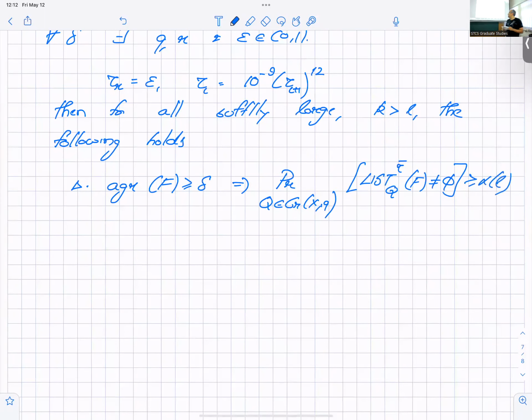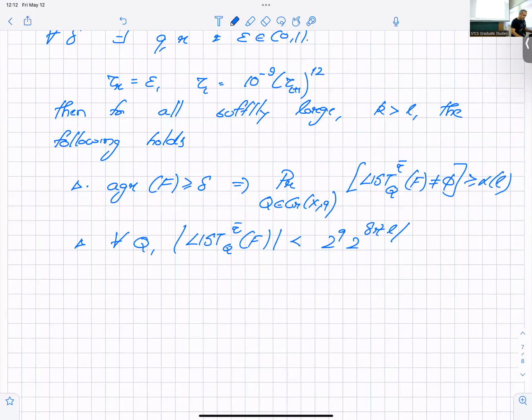This basically says that for at least an alpha fraction of the Q's, there is a W such that this happens, so the corresponding list will be non-empty. But furthermore, I need that for all Q, the size of the list tau prime Q of F is at most 2 to the power 2^(8 r^2 L) by epsilon to the power 2^r.